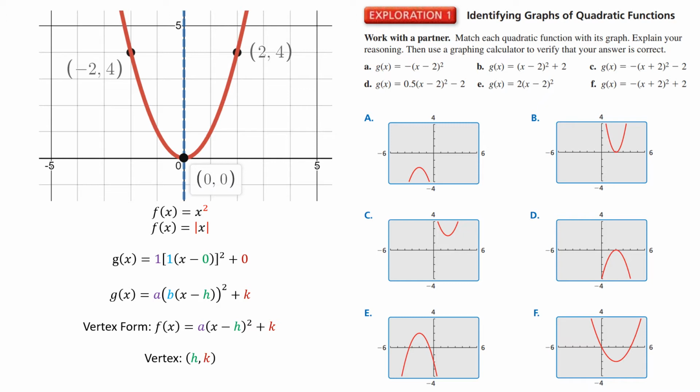If we look at B, we have an h value of 2 and a k value of 2, so 2, 2 should be the vertex, but we're also oriented upward, so it would look like C. Pause this video for a second and see if you can match the others.